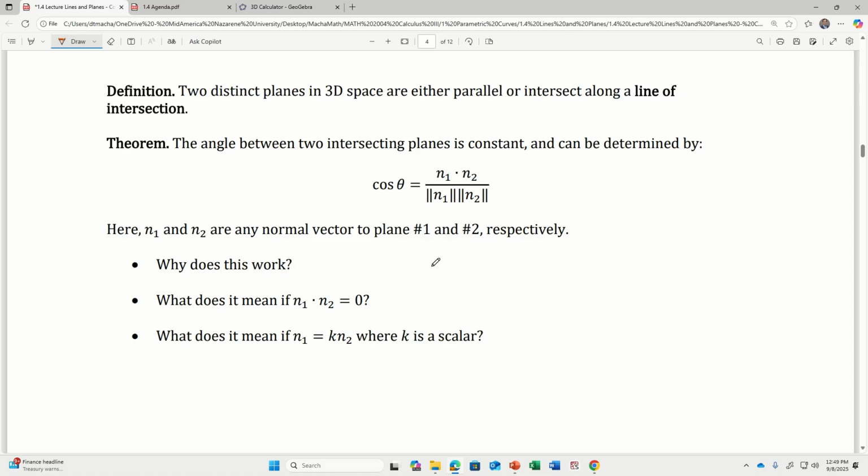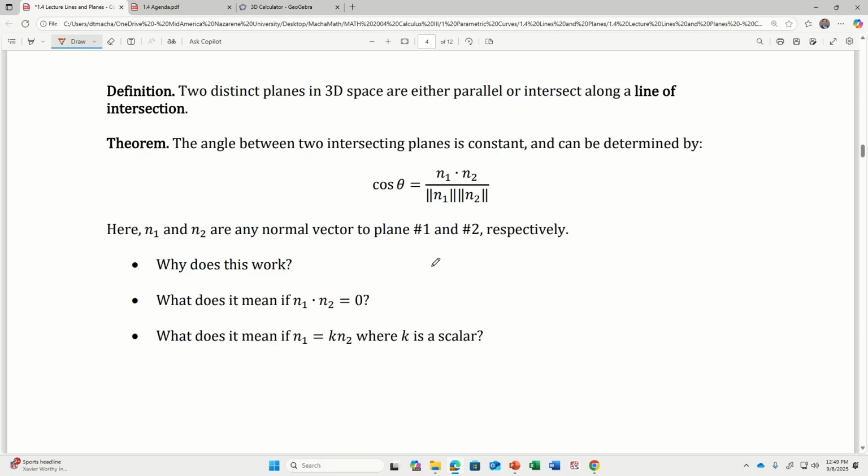One question you might have: calculus theory doesn't have a lot of real life applications, I'll say that. But suppose there was some reason why you wanted to know the angle between two intersecting planes. This is how you would find it. It's this formula right here.